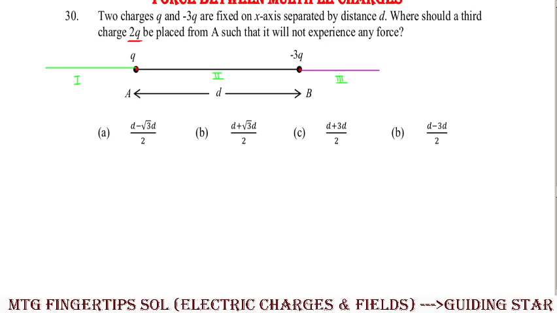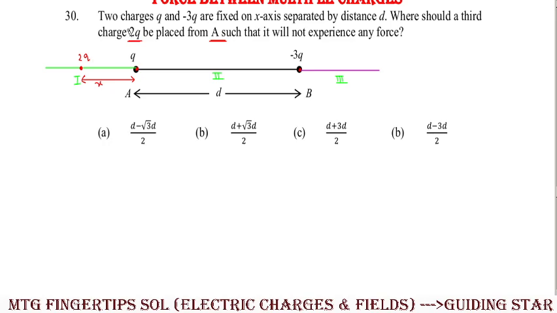Clear. So here in this particular case, suppose in region number 1, we place the 2q charge over here, at some distance from A. Here it is said that you have to place the charge from A. So if we place the charge at a distance of x from A, what are the forces that will act on this 2q charge?